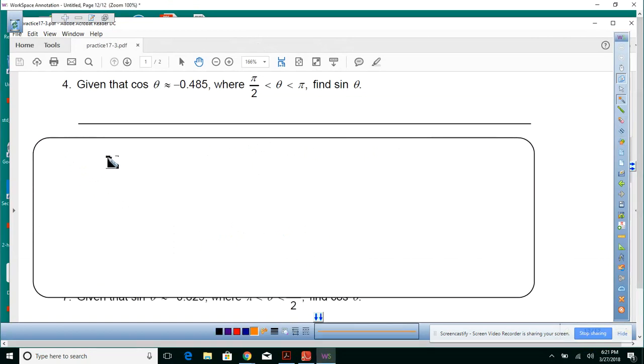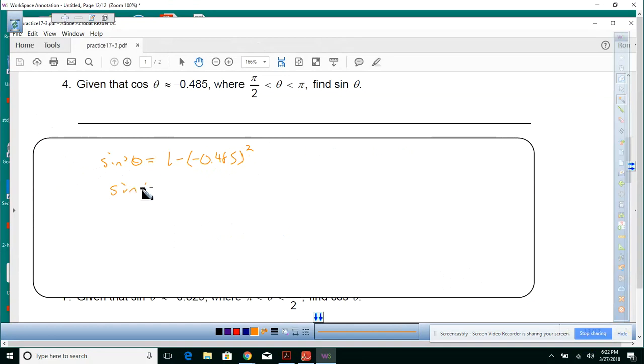I'm glad you're back. So I've got sine squared theta equals 1 minus negative 0.485 squared.